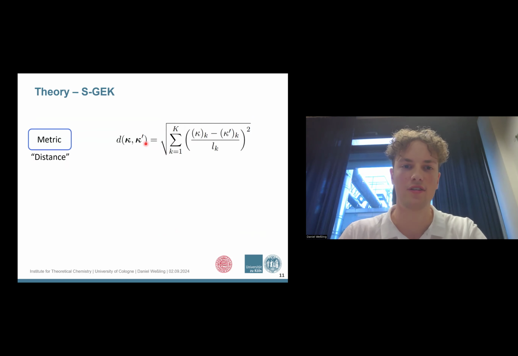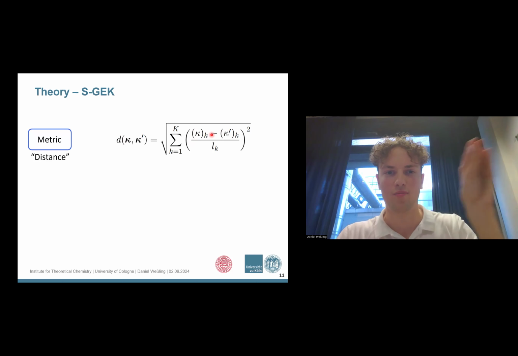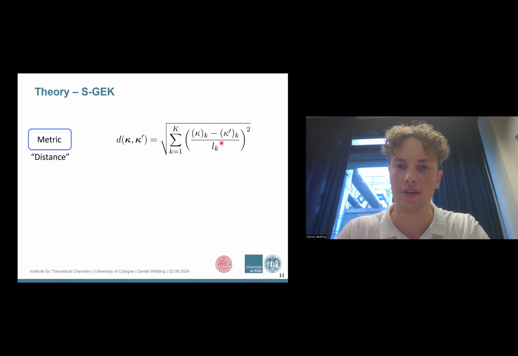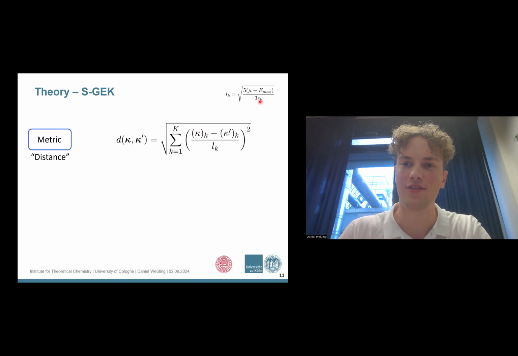So if we have 2 points in space, then the distance would actually be just the difference of the points of the vectors. Yeah, and then we also divide here by a characteristic length, but I don't really want to go into detail here. Just a note that this also depends on the eigenvalues of the Hessian here.